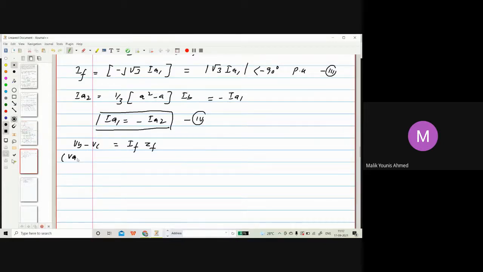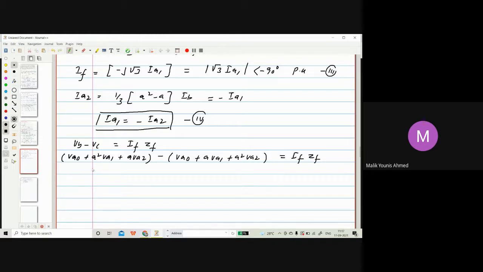That is VA0 plus A square VA1 plus A VA2, minus, what is the value of VC? VA0 plus A VA1 plus A square VA2. So that is equal to IF ZF.